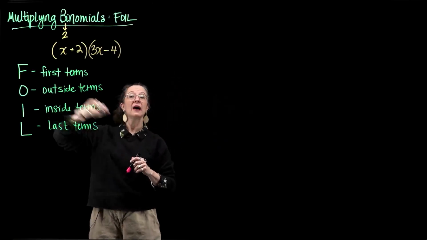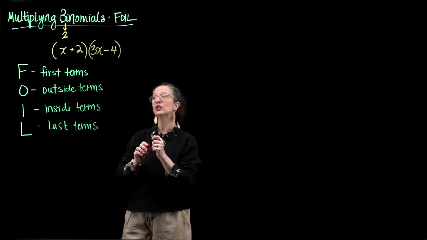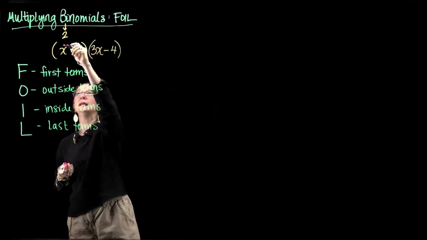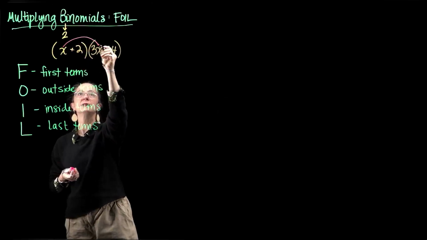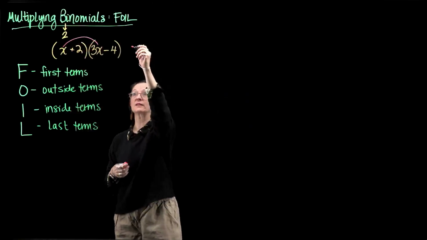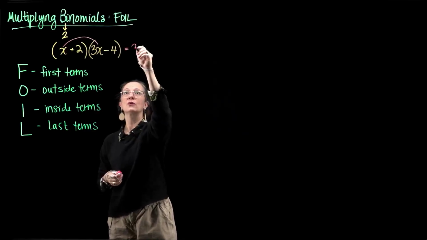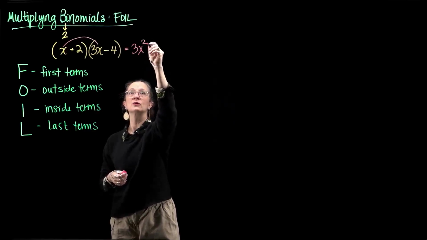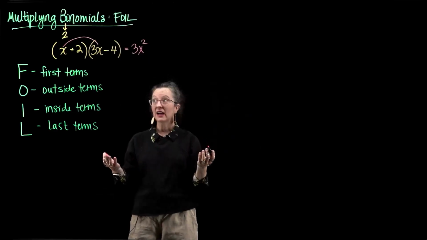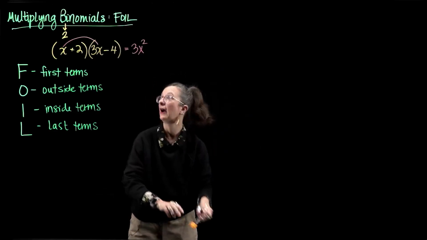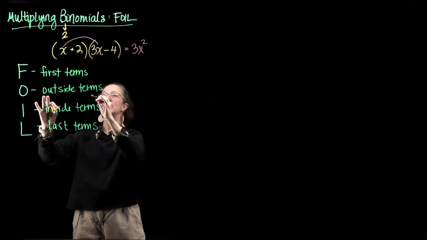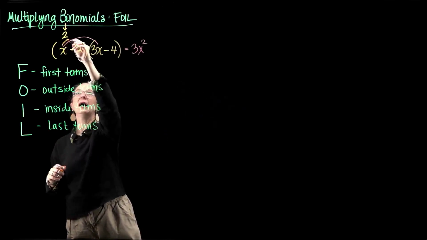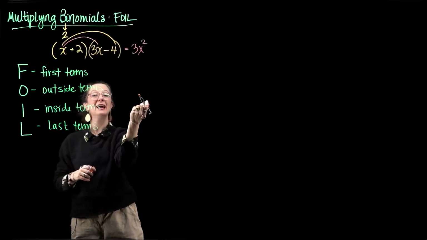So this means, the F means we're going to multiply the first terms together. So that would be this x times the 3x. And that would give us 3x squared. Next, we're going to multiply the outside terms. So that would be the x and the negative 4.